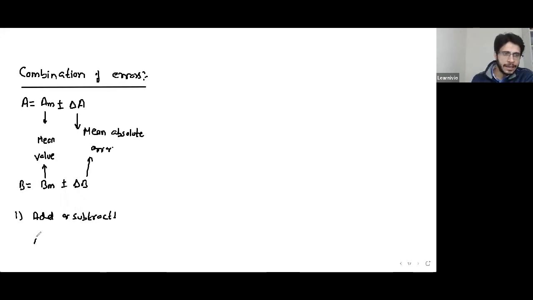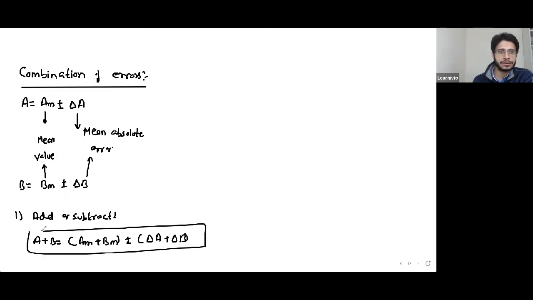When you add A and B, the mean values will get added up separately: the mean value of A will get added with the mean value of B. And the mean absolute error of A will get added with the mean absolute error of B, so that's delta A plus delta B. So when you add two quantities, you add mean values separately and you add errors separately.